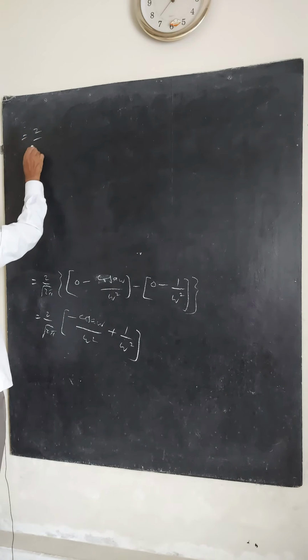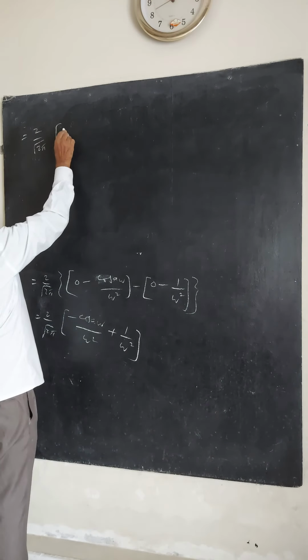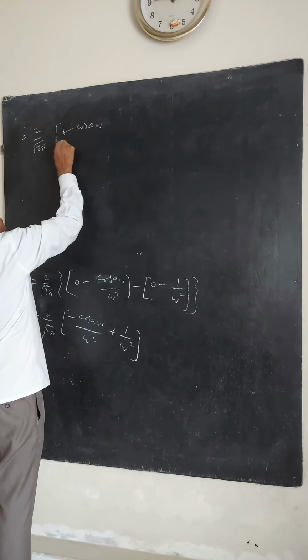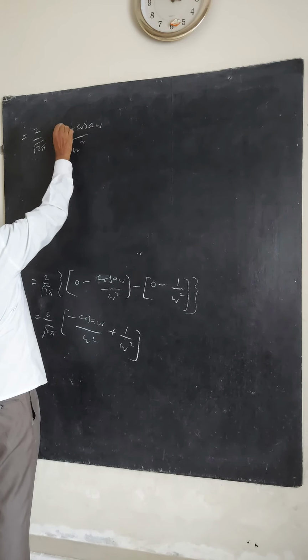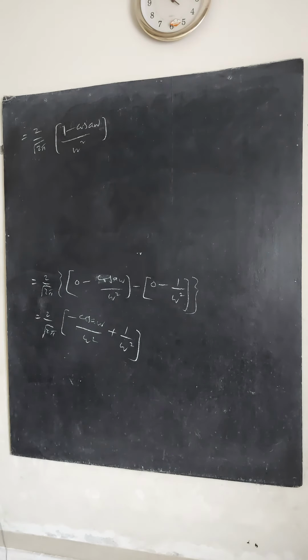Equal to 2 by root of 2 pi, (1 minus cos a omega) by omega square, which is g of omega.